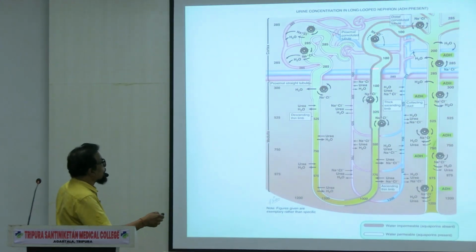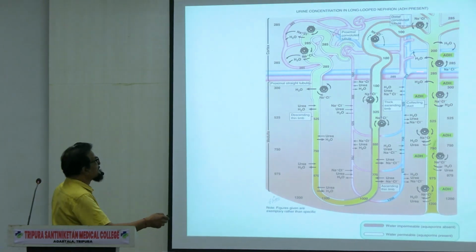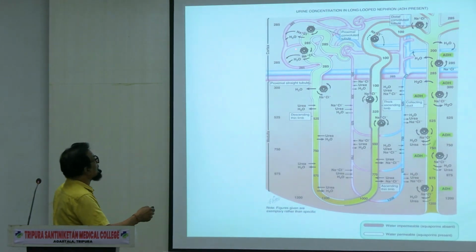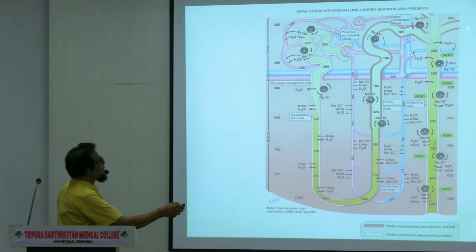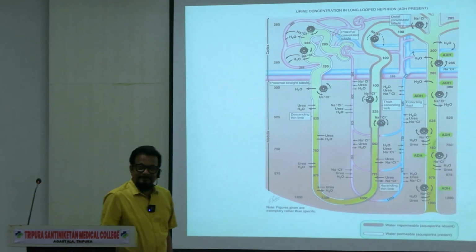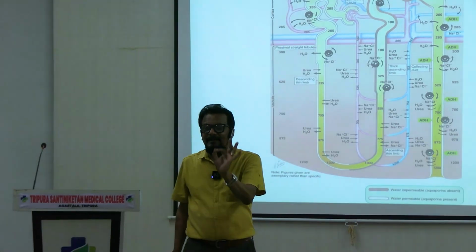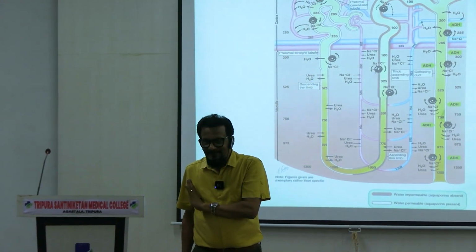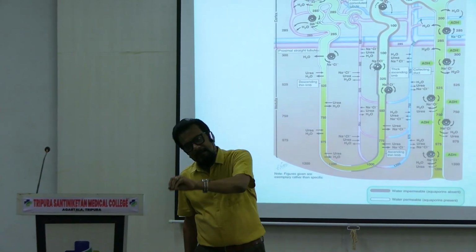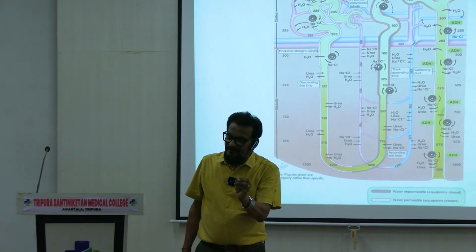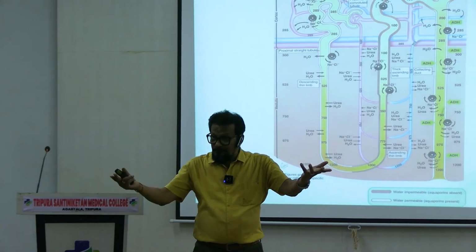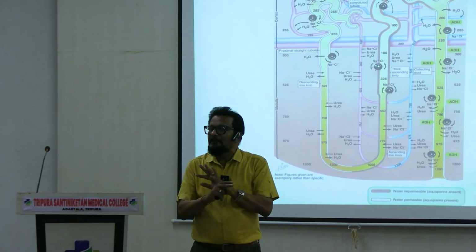If you leave this area, the medulla, and concentrate on the cortex, you will find the osmolarity everywhere is the same, 300 milliosmol, either in the blood vessel, in the filtrate, or in the tissues of the renal cortex.